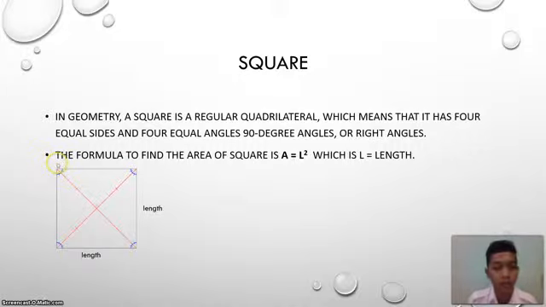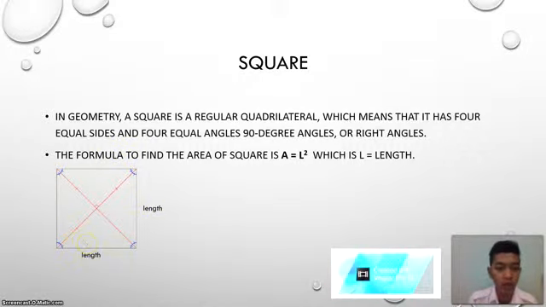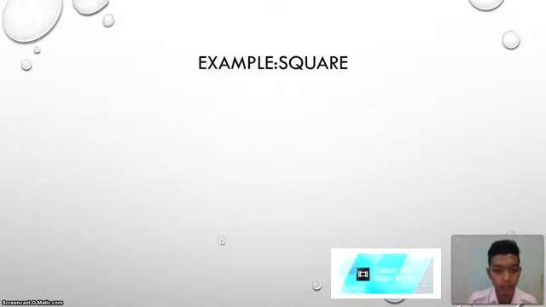For the square formula, A equals L squared, where L equals length. In this figure, a square has four sides. This is length and length. A square has the same angle and side.